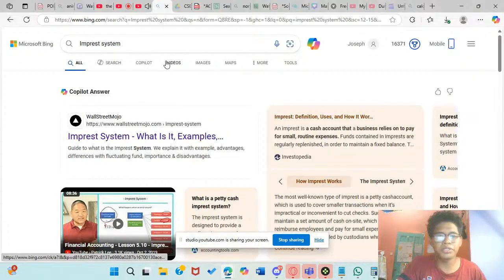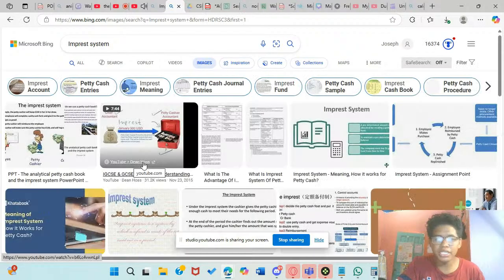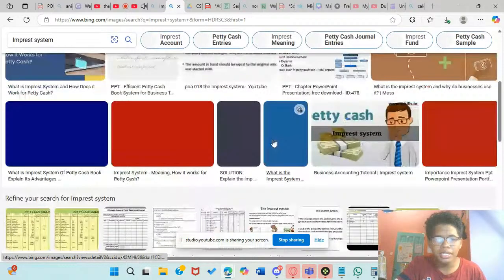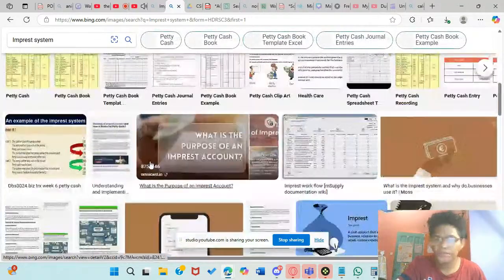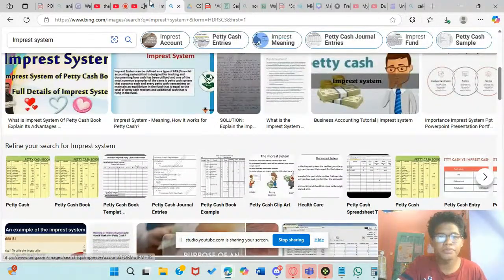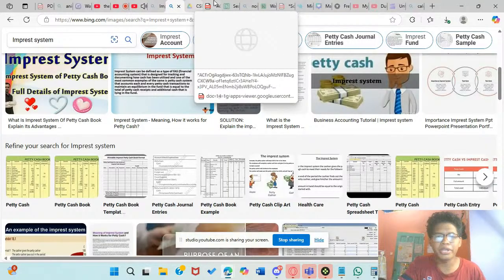And you could tell me some things that you have seen in the Imprest system. So I just like to highlight something about the Imprest system. Going back with the documents.